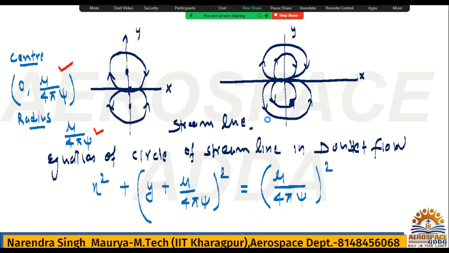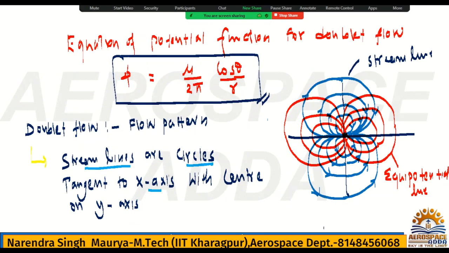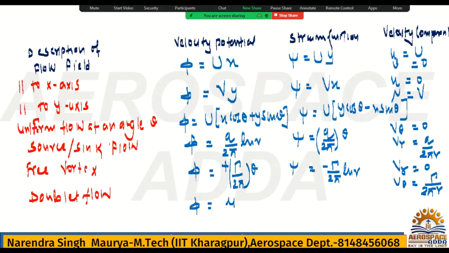Just now you have seen phi and psi for the doublet flow. Phi is what? Mu upon 2 pi cos theta by r. And what is the psi? Mu upon 2 pi sin theta by r. Yes or no? Please write it. What will be the velocity? Both velocities you will get for doublet, I mean radial and tangential.